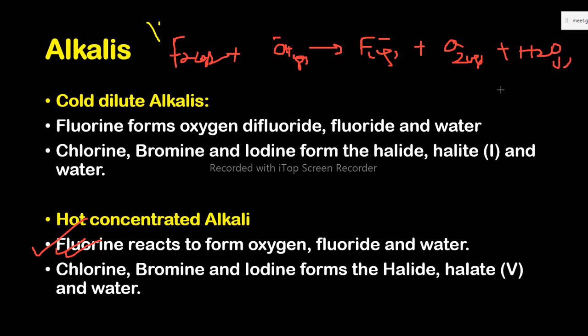You had balanced as two on fluorine, two on hydrogen, on hydroxide ions. Then I changed it. I put 4 here, I put 4 here, I put 2 here, and I also put 2 here. It's okay now.